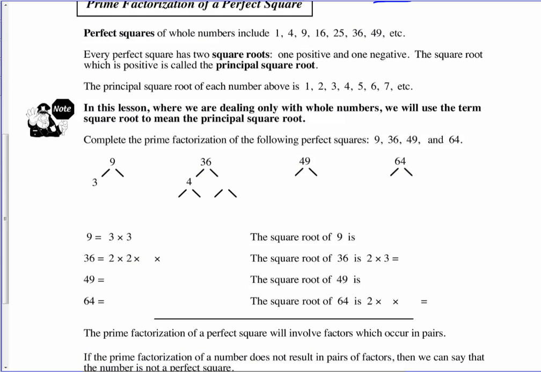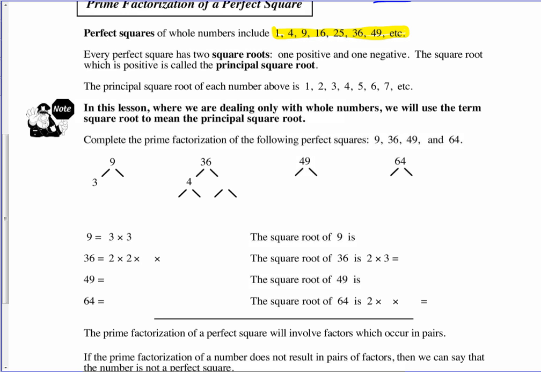Okay, perfect squares. You should know what a perfect square is, right? These numbers: 1, 4, 9. The ones that you can square root, and it'll give you a nice, beautiful whole number. Those are your perfect squares. Every perfect square has 2 square roots, one positive and one negative.